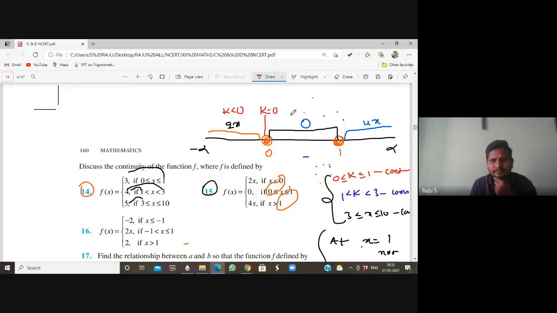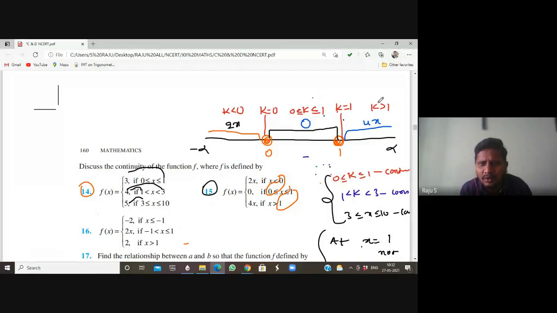Third case, 0 lesser than or equal to k lesser than or equal to 1. Fourth case, k equal to 1. Fifth case, k greater than 1. So all these cases you have to write.